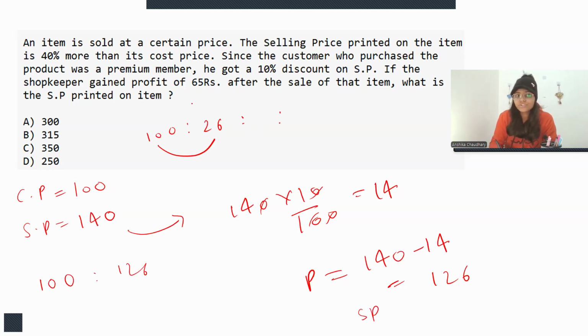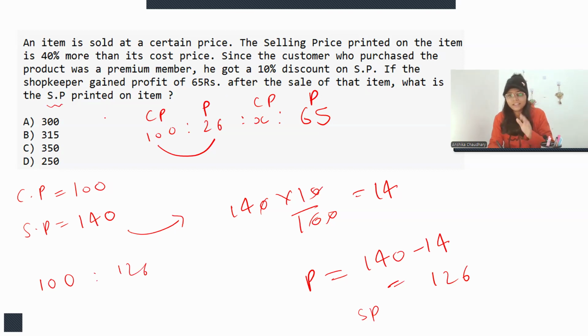But according to our question, if the shopkeeper gains a profit of 65 rupees, this is CP, this is profit. Ratio and proportion rule. So we need to find the cost price for that profit of 65 rupees. According to our question, we need to find the selling price. I know, but let's first find the cost price, then we will find the selling price.